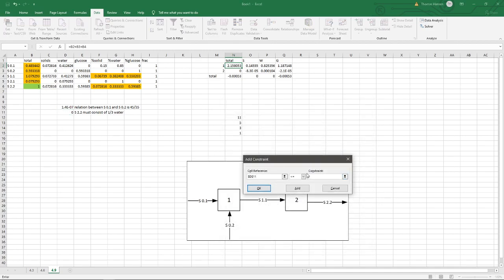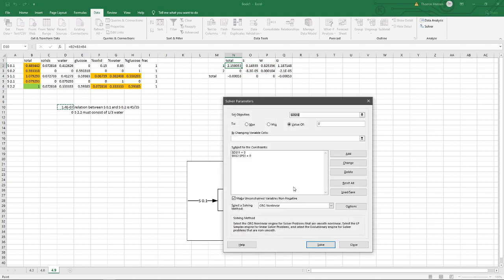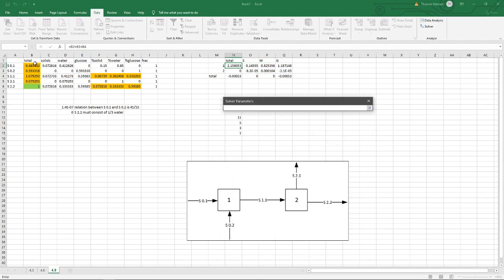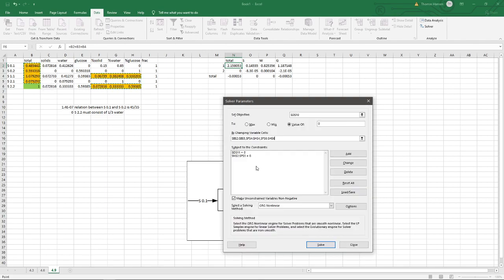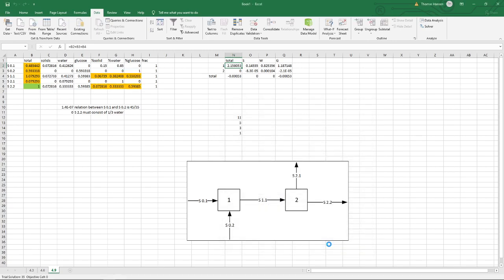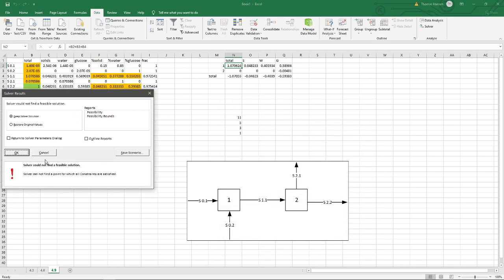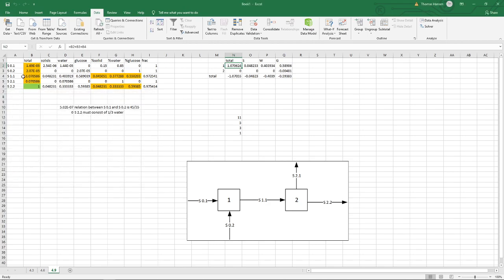I want that one to be equal to 0. And I want these to be equal to 0. And you may change these cells, these and these. Am I happy with the value? No. What have I messed up?